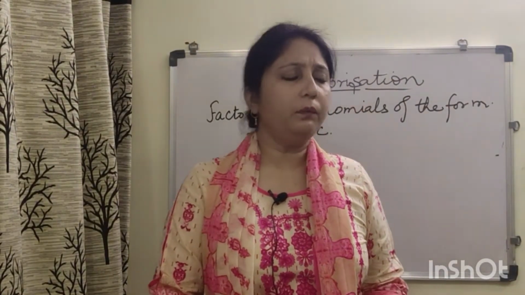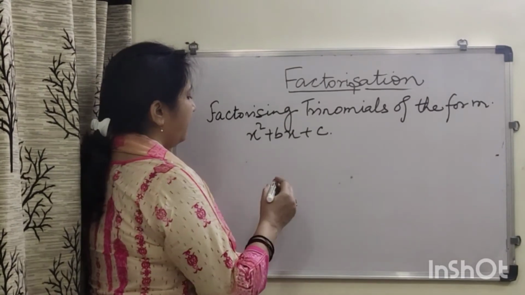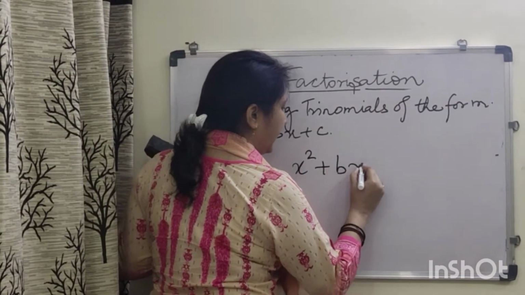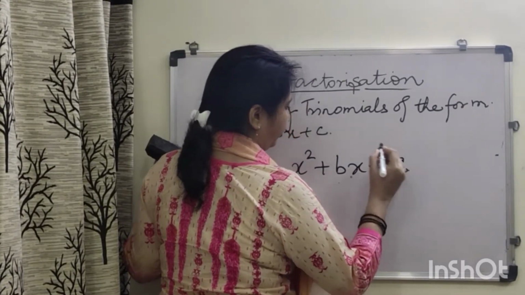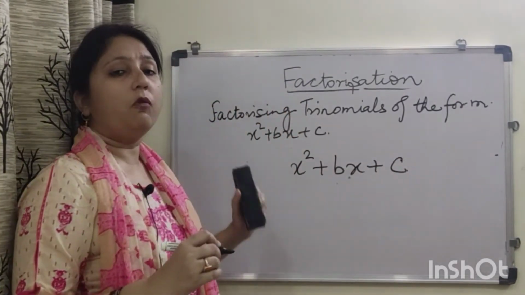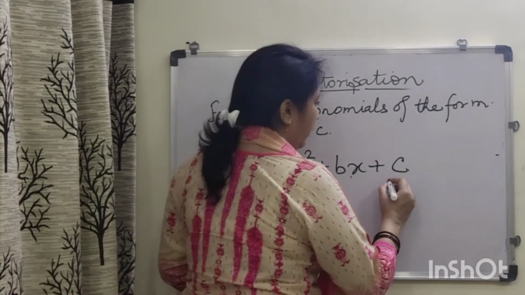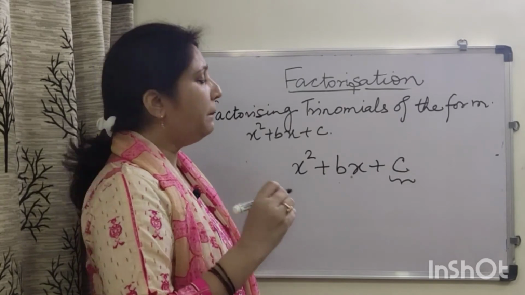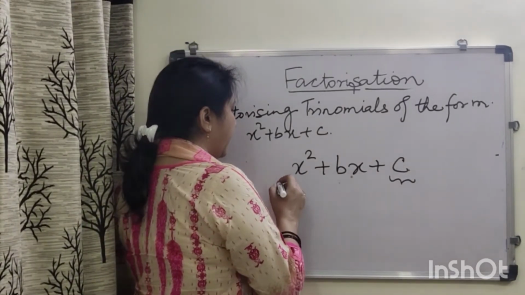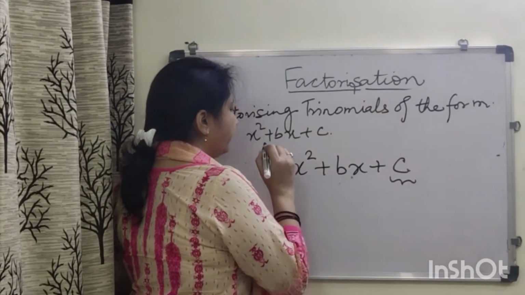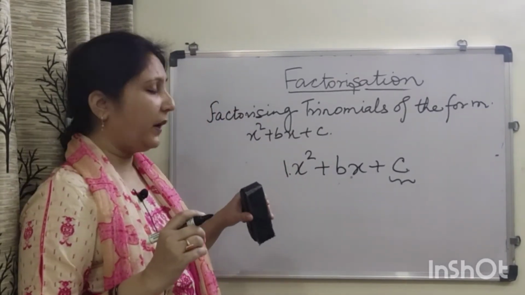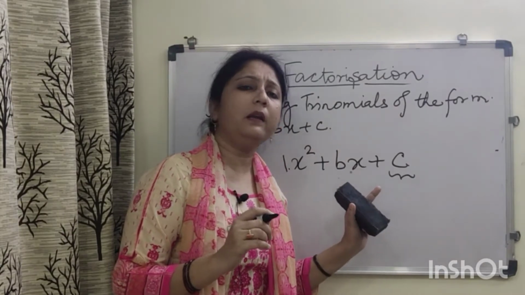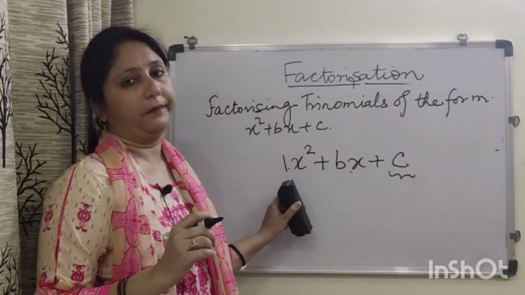I'll be telling you. Your expression is in the form of x square plus bx plus c. Now what we do in this, we go to the constant part, and before going to the constant part, ensure that x square, or for whatever variable the expression is written, its coefficient is 1.